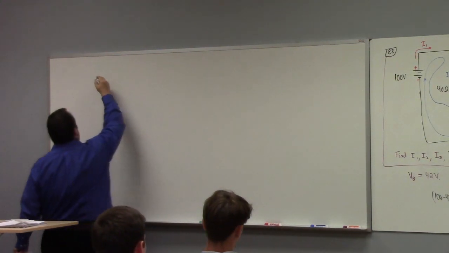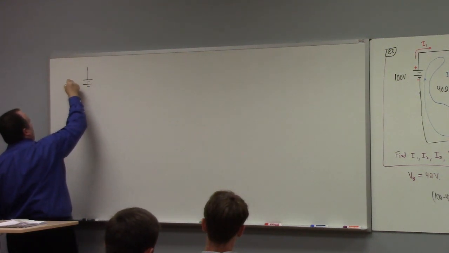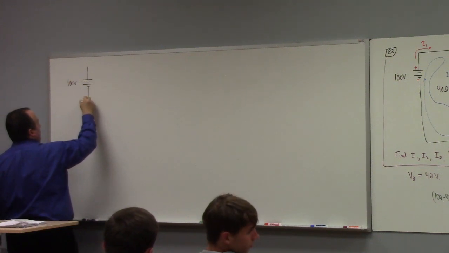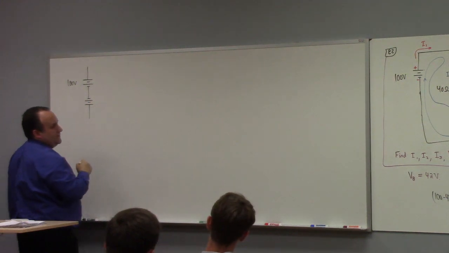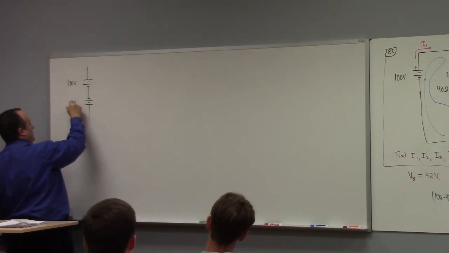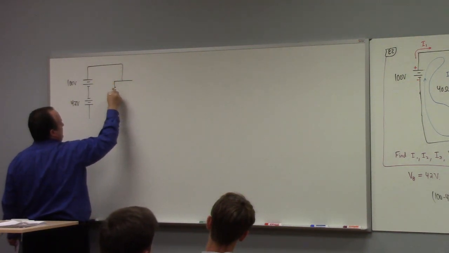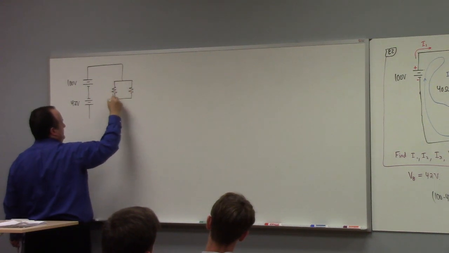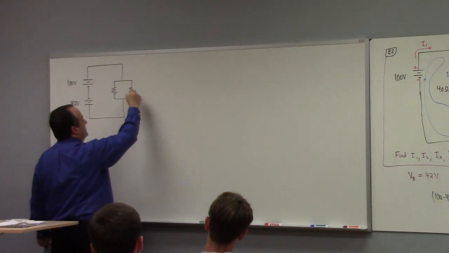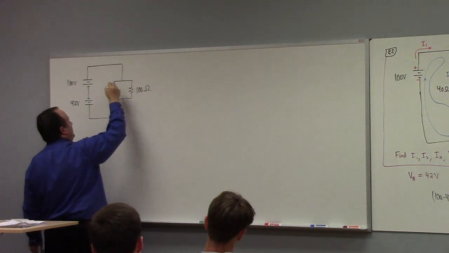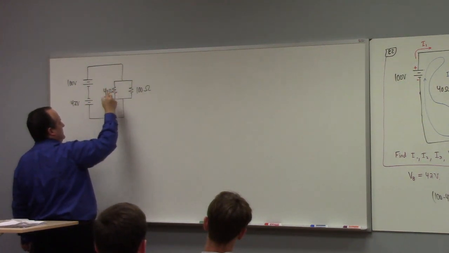You've got my 100 volts here, right? And I'm going to write it this way instead. I've got my 42 volts over here. You're saying take the 60 ohm out of commission, so that just leaves us with this parallel combination here, right? So would you just do the equivalent resistance? We've got 100 and, yeah, I think you could do that. 40 ohms.